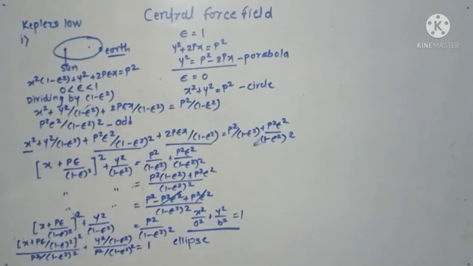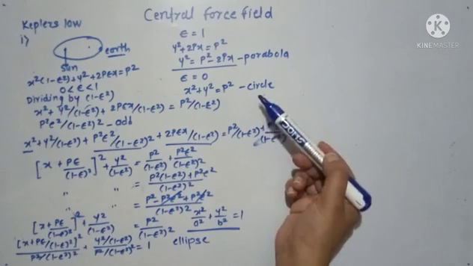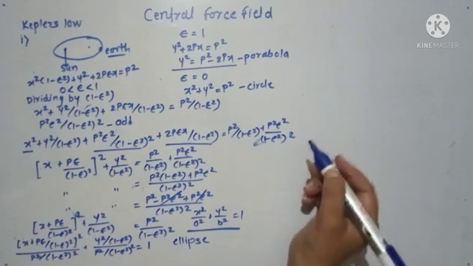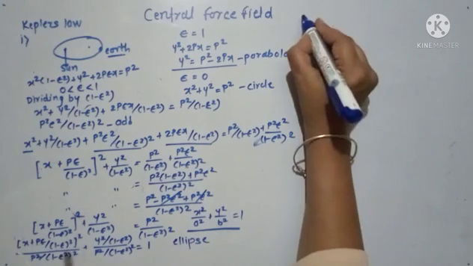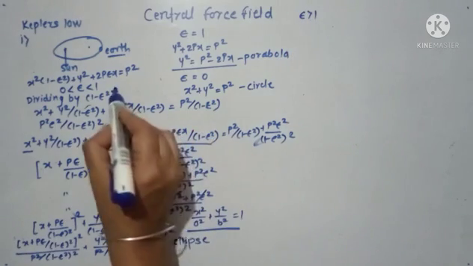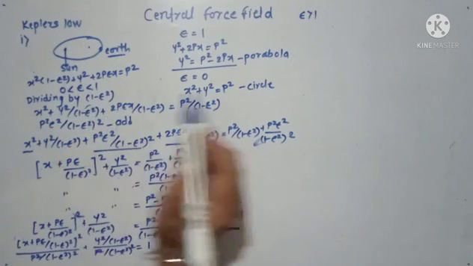Thus we have seen how the motion of a particle in the central force field could be either a parabola, circle or ellipse. It can also be a hyperbola if epsilon is greater than 1. We just have to divide the same equation by epsilon squared minus 1.